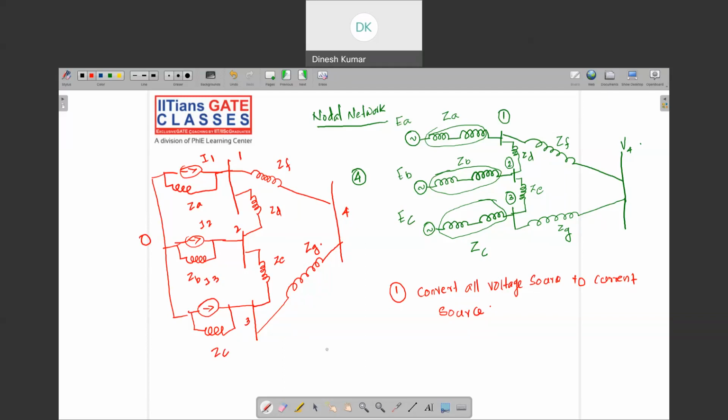The current I1 will be equal to this voltage V1 into, this is Z, right? So I equals Y into V, so that will be YA.